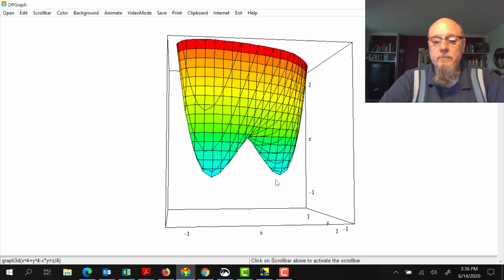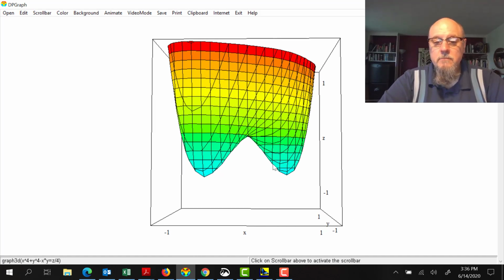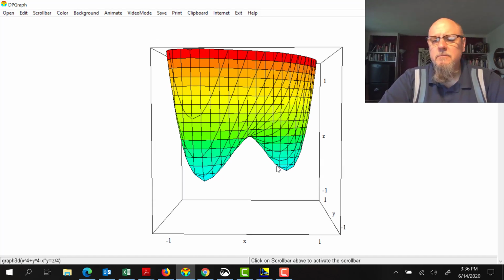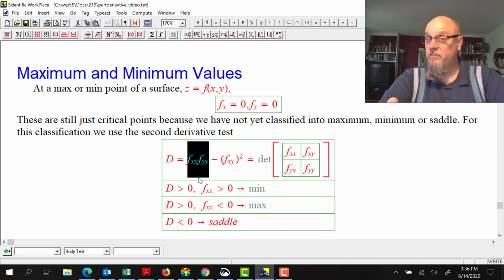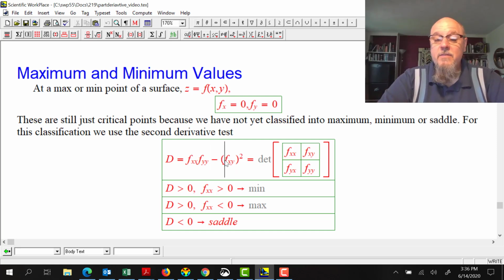If I look in the x direction, it also looks like it's a negative value. So go back to the D part here. This would be a negative times a negative, a positive value. I can see it's a saddle point though. So then this heterogeneous second derivative, the product here, must be more negative than these two pieces put together.